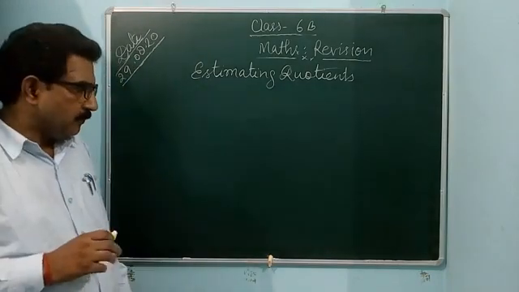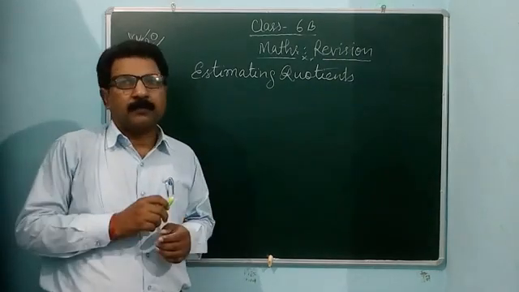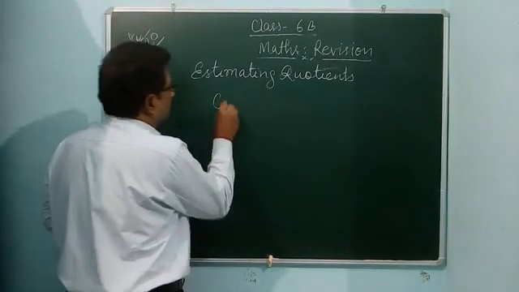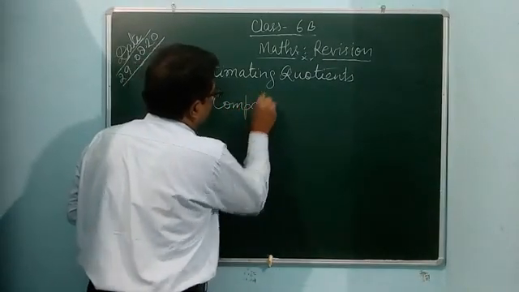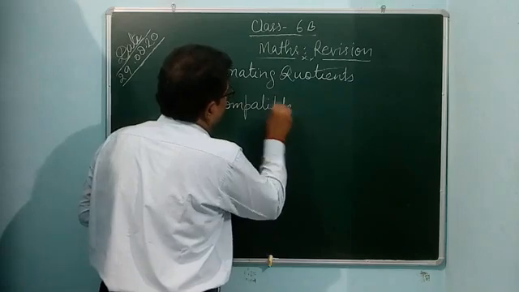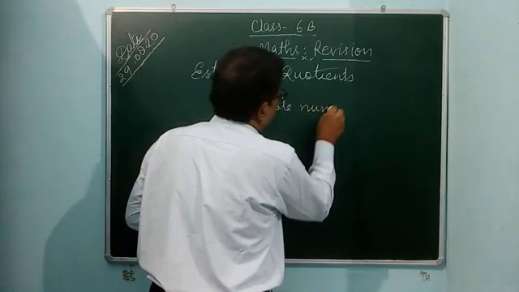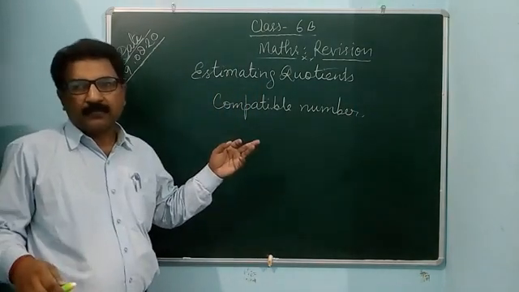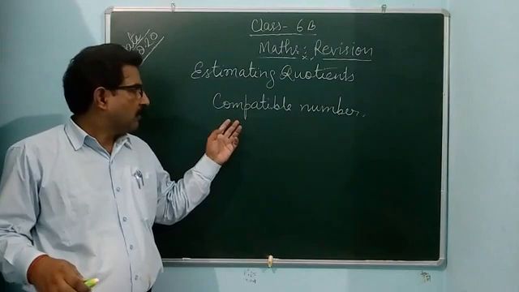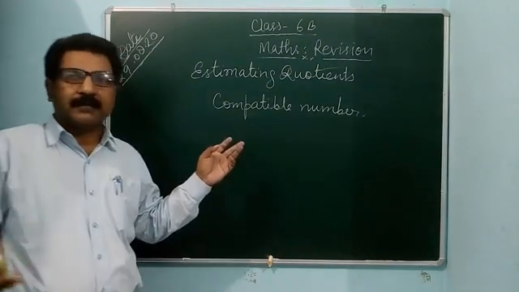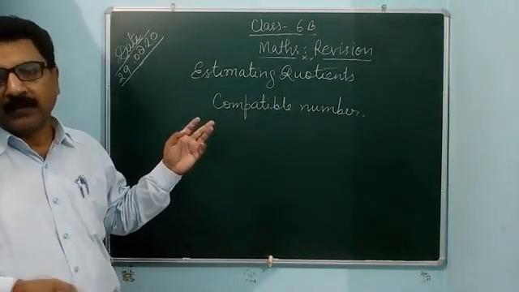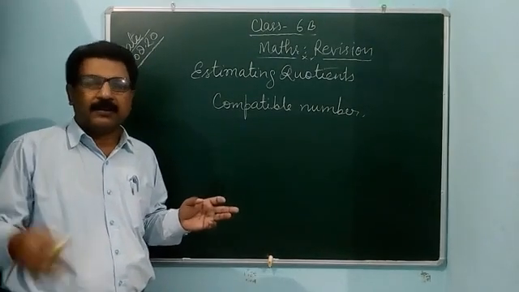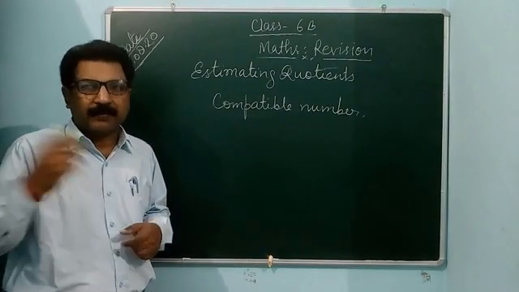You must set up compatible numbers. You should convert the divisor and dividend to the nearest compatible numbers. Compatible numbers means numbers that can divide the dividend easily.